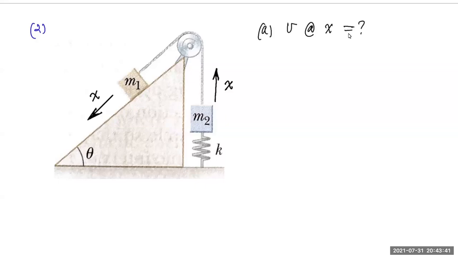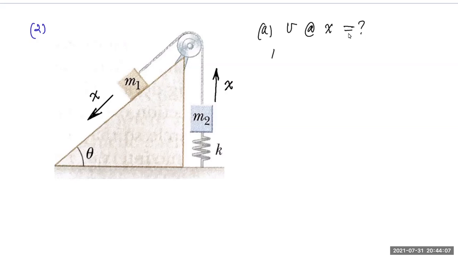Again, apply conservation of energy. This is particularly useful here because we're dealing with a variable force in the case of a spring. You don't want to deal with a variable force with Newton's second law because that complicates the matter. So we can bypass that. We don't have to use Newton's second law. We just relate initial with final energy, and then we don't have to get into the force directly.